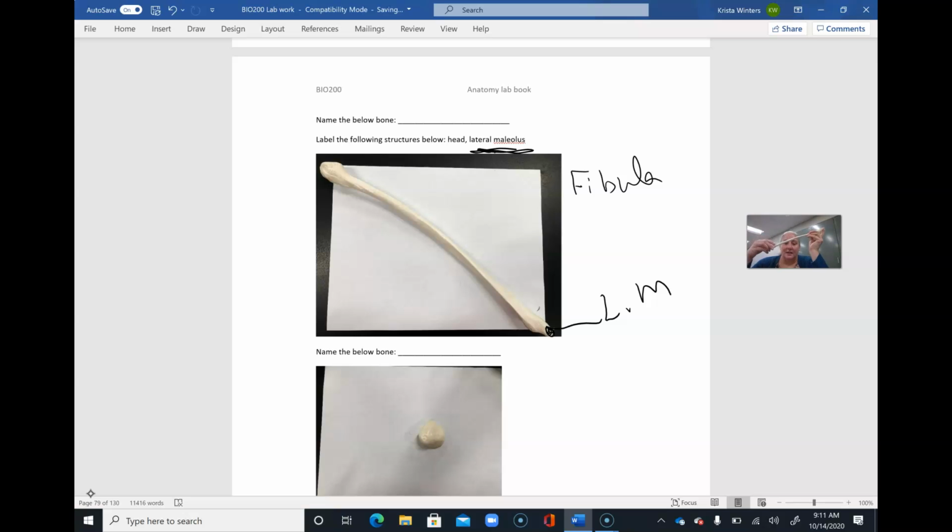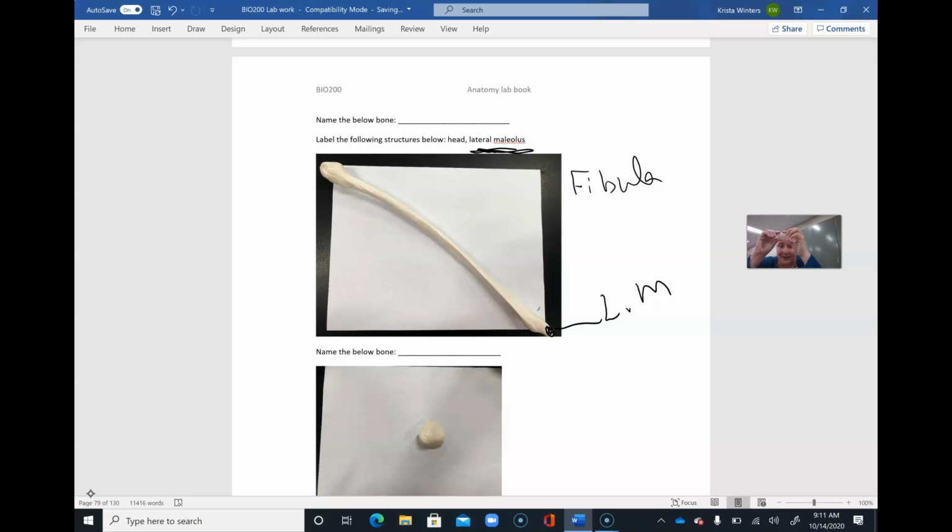It is the region of the bone that makes up your lateral ankle. So we have the medial malleolus on the tibia, the lateral malleolus on the fibula. Fibula is not a weight-bearing bone. It is a supportive bone, but it does not carry any weight. The tibia carries all the weight for the body on the lower leg.